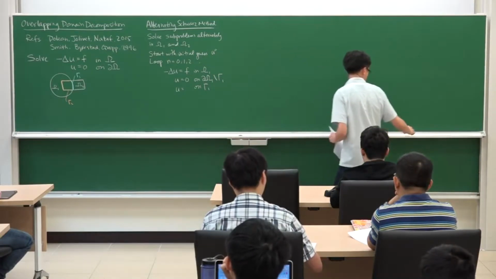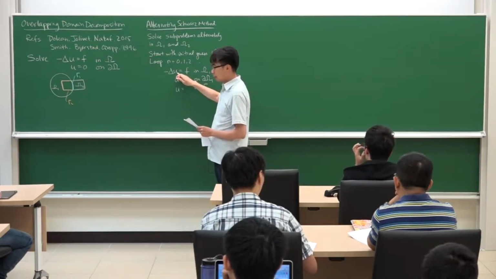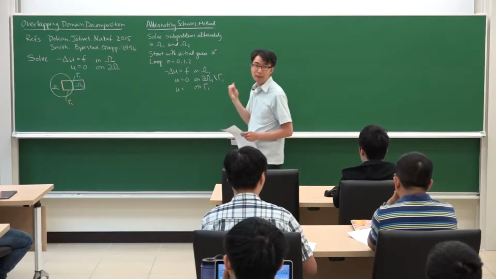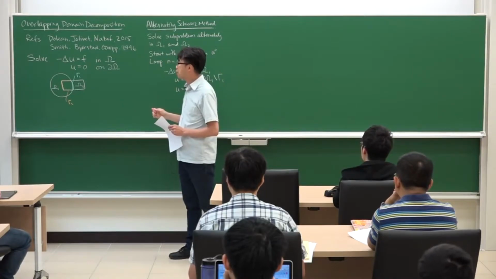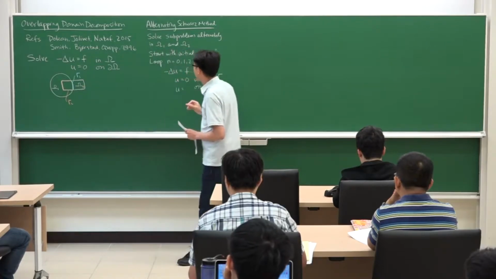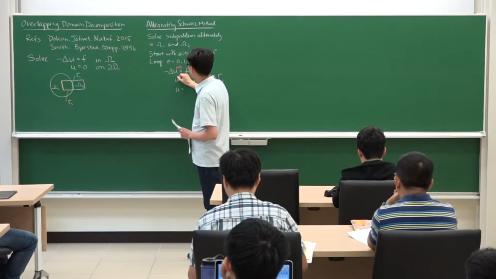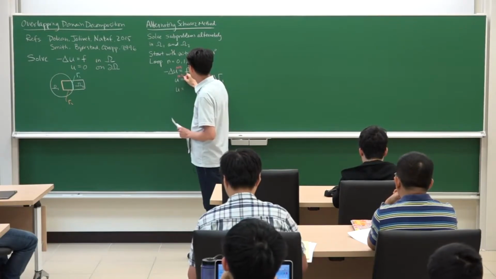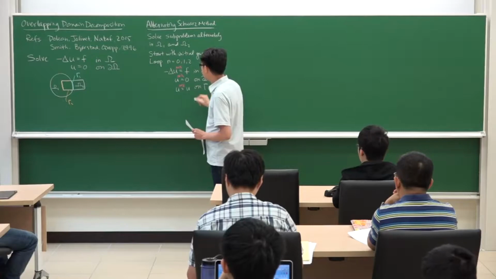So I'm going to write down some iteration counters. I think I'll use pink like before. Okay, so this will be the solution at the first half step. Right? Each iteration includes 2 half steps. First one solving on omega 1, second one solving on omega 2. So I'm going to call this n plus a half. Okay, so the u over here is going to be the u taken at n.